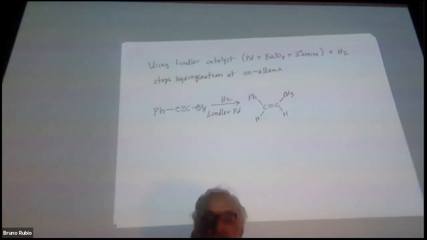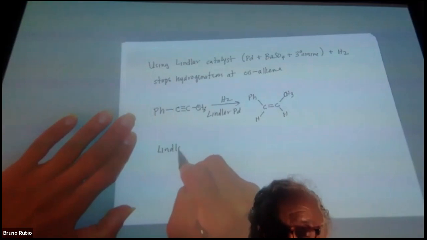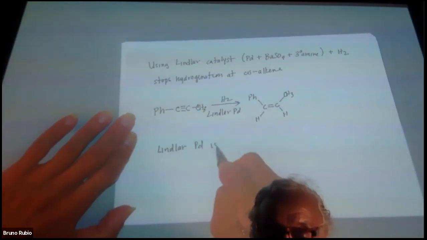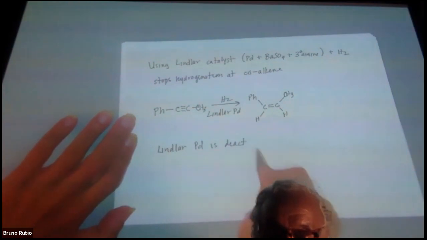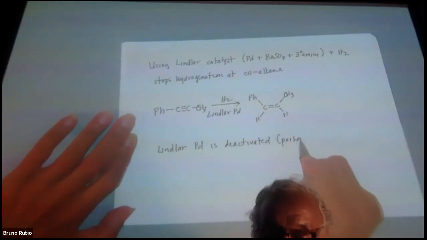The product stops at the cis-alkene stage because the Lindlar catalyst is a deactivated or poisoned catalyst. Lindlar palladium is deactivated. Or we also call it a poisoned catalyst.